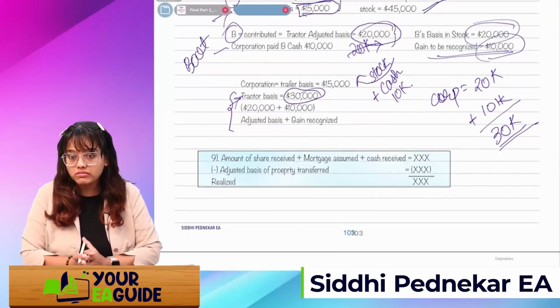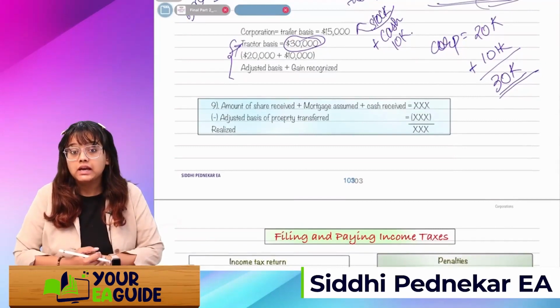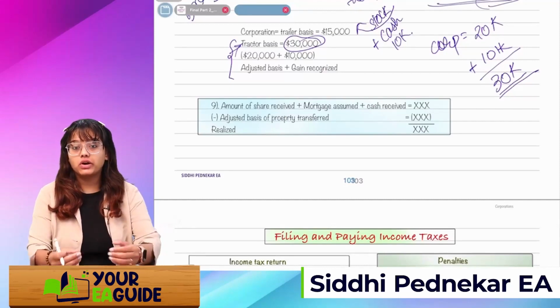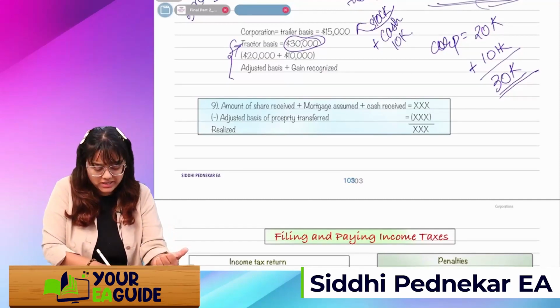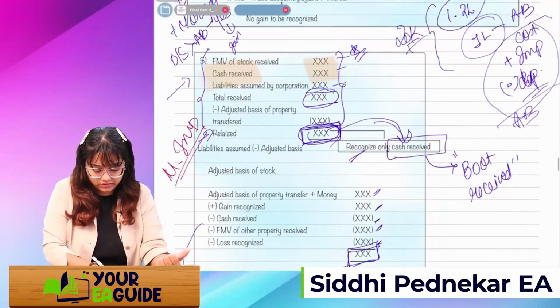All right. Next, the last scenario is the amount of share received, plus mortgage assumed, plus cash received. We will take all this into consideration and reduce whatever is the adjusted basis transferred. See, this is simple. How much is realized? I think we have done this at the 5th point.